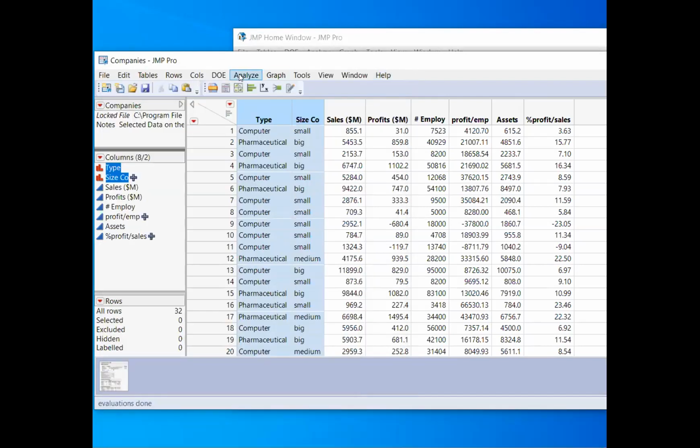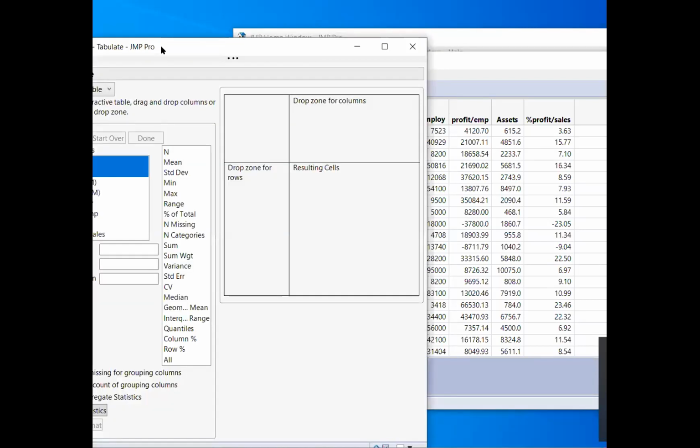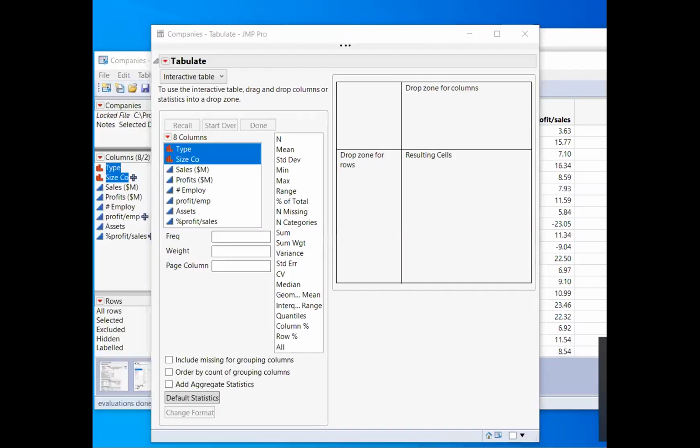Now it's time for group analysis. Group analysis, chapter 25 and 26. We go to Tabulate. Tabulate, I'm going to get some information from my categorical variable, okay?